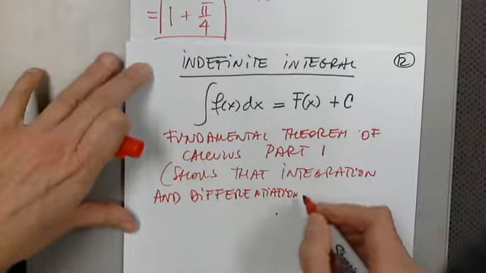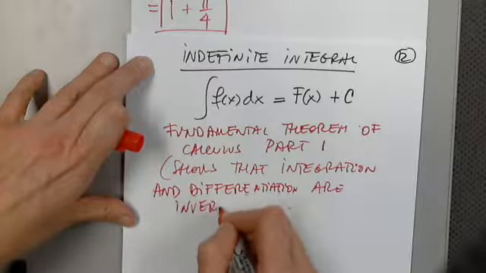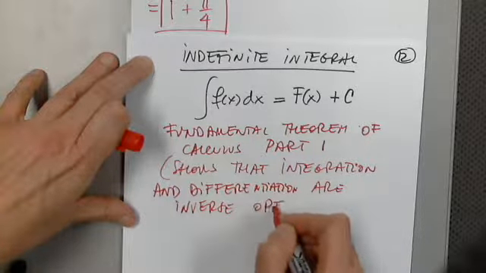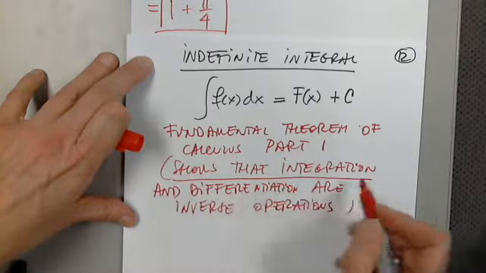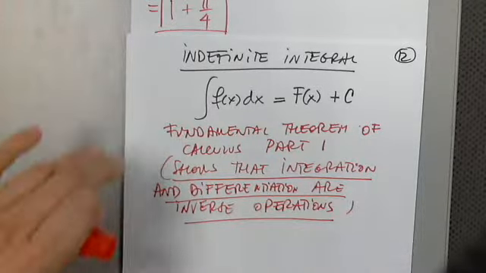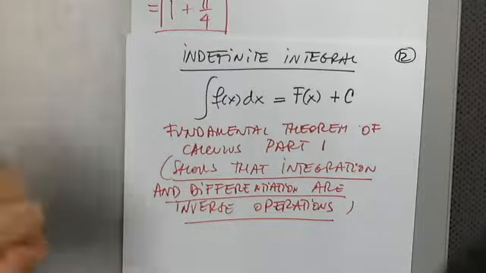Yes, Tom, go ahead. Are inverse operations. Thank you. This is what it shows. So, fundamental theorem of calculus part 1 shows that differentiation and integration, or integration and differentiation, are inverse operations.